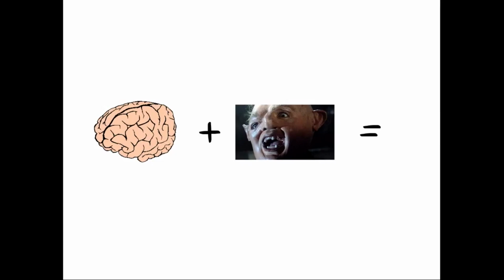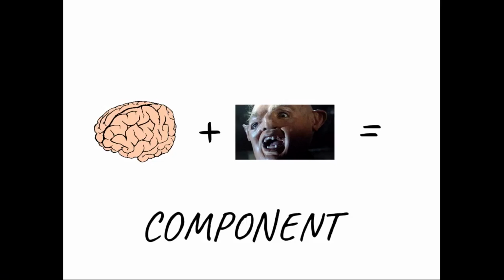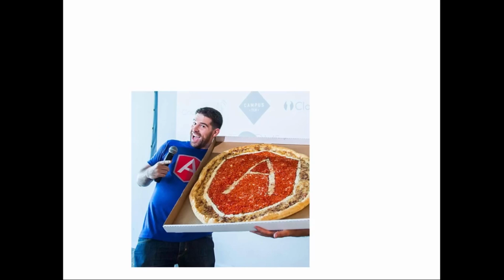Then React came and suggested, maybe we should stick with one controller and one view, and we call it a component. Then the Angular fans said, we have it already, we have directives.